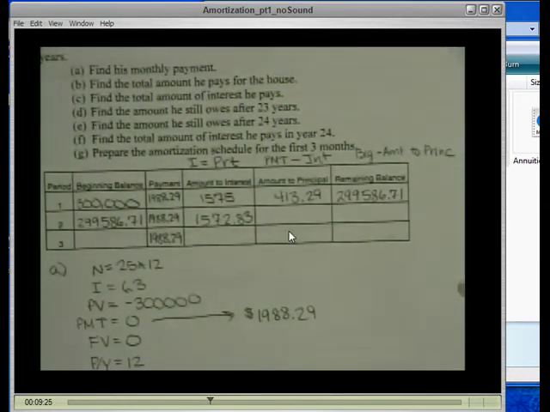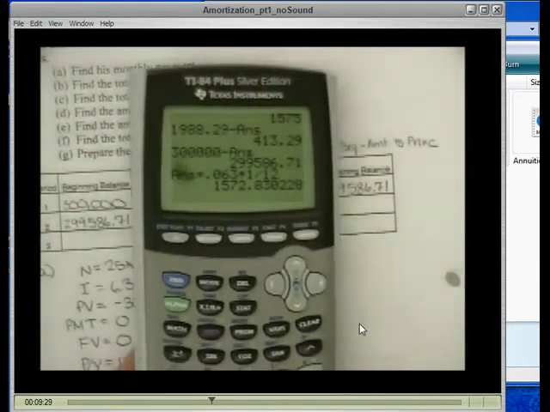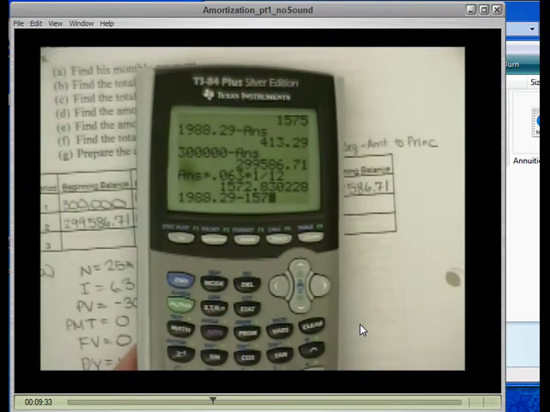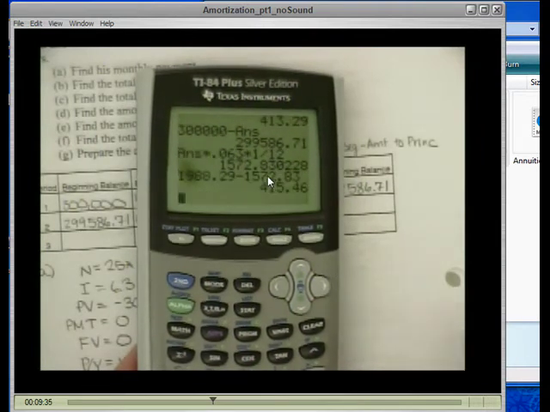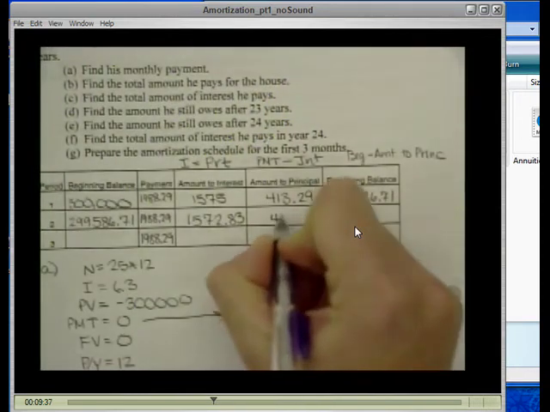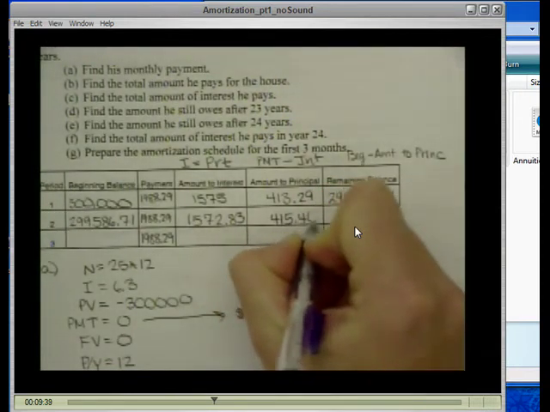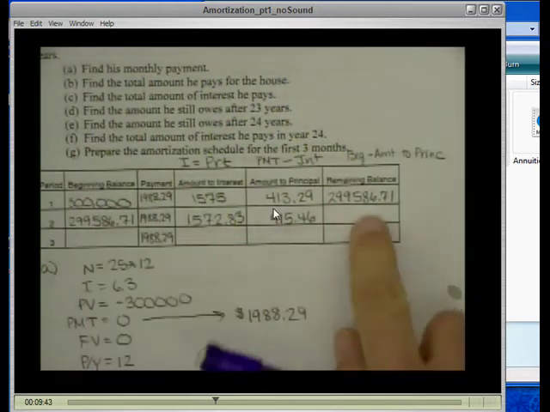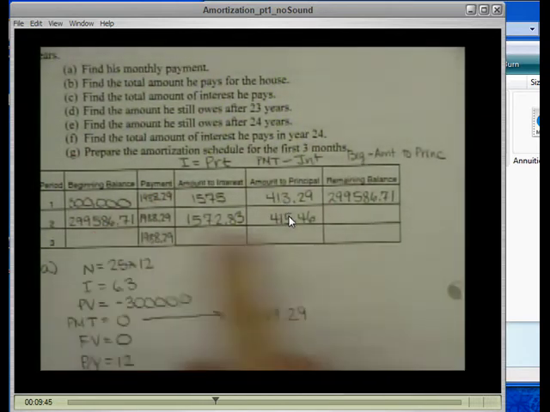And then to find out how much goes to principal, well, it's the total payment minus the amount to interest. And I typed it this time just so I would do only 2 decimal places. So notice that the amount to interest decreased slightly and the amount to principal increased slightly.